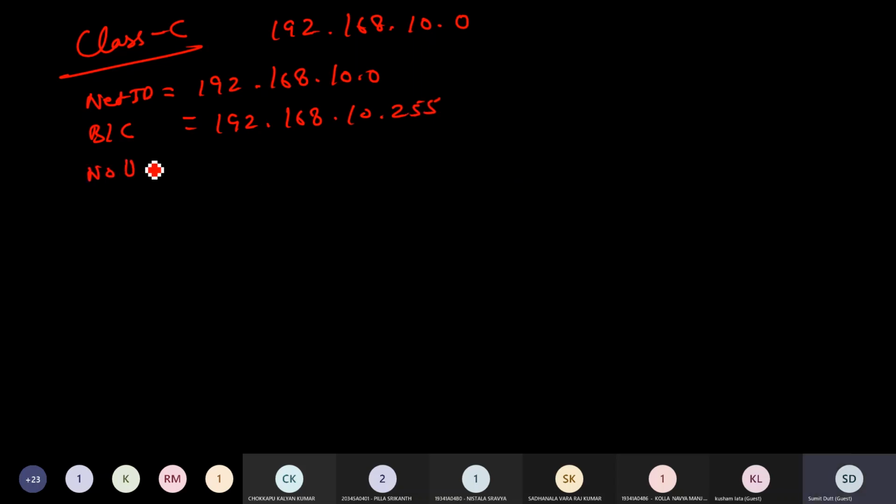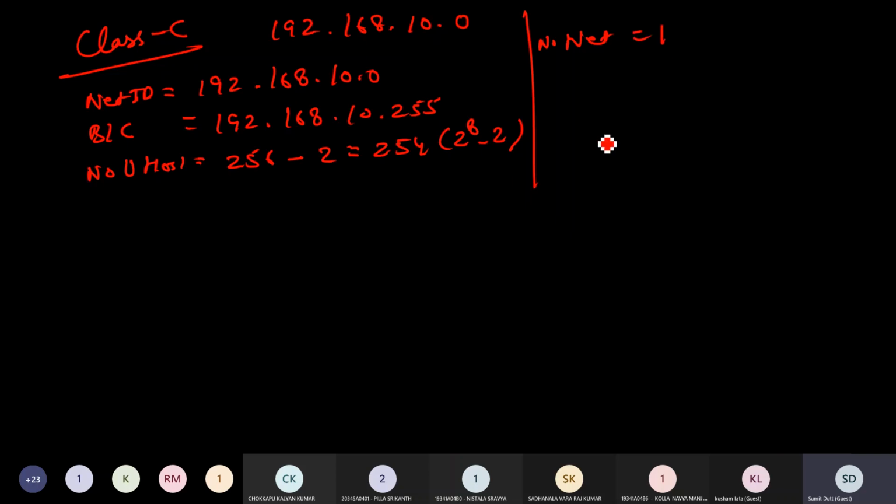The number of usable hosts will be 256 minus 2, which is 254, because here it is 2 to the power 8 minus 2. So with this IP address, how many networks are possible? The number of networks will be 1 and the number of hosts will be 254.